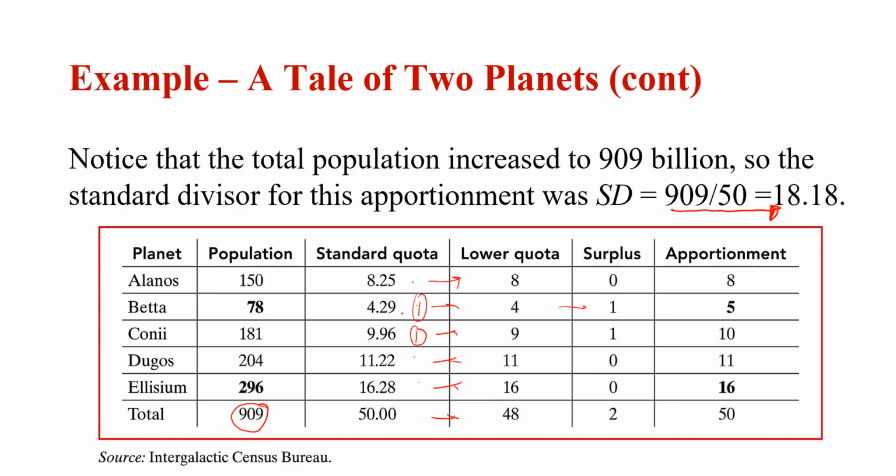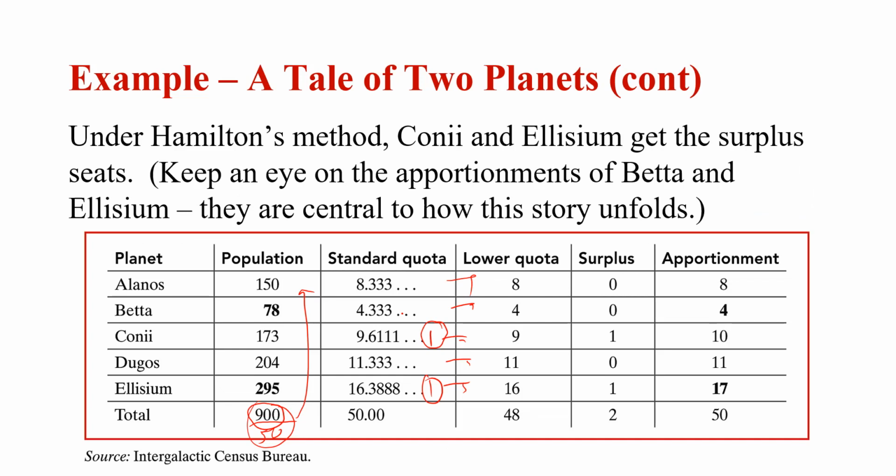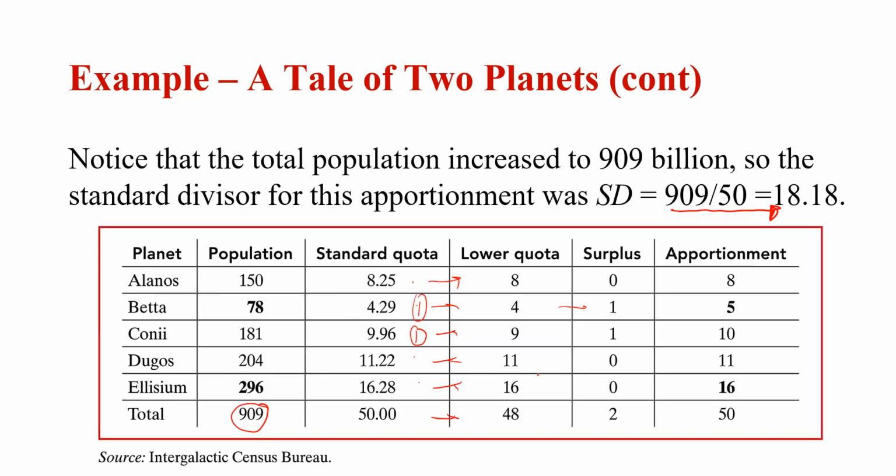So what happened here? Let's go back to this one here. So notice that, anybody want to say that? Elysium. That's kind of cool. Elysium and then beta. Elysium got the extra seat. Now just because of population growth, Elysium loses the seat. And the seat now goes to beta. Are we good? Just strictly because of population growth.